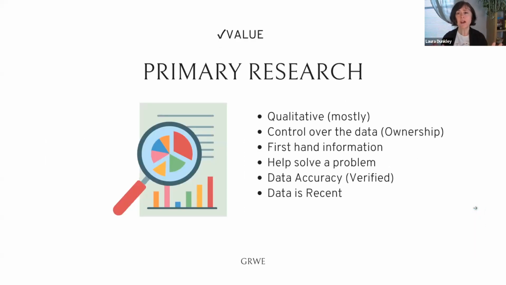But before we do that, really that value, that primary research, what is it and why would you want to do it? So it gives you qualitative mostly, doesn't mean you can't do quantitative. The difference is that qualitative is those big open-ended sessions, right? Where you can actually talk to someone, you can see their responses, you really get a feeling, emotions when they talk.